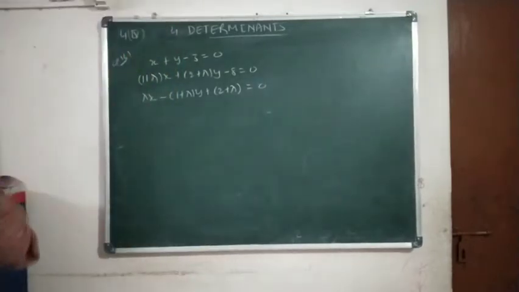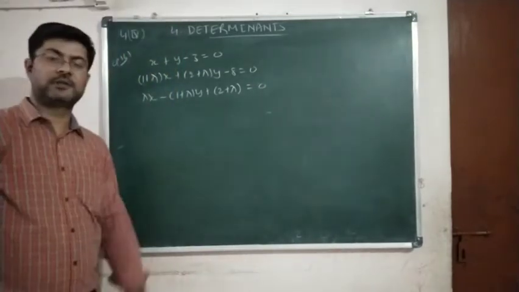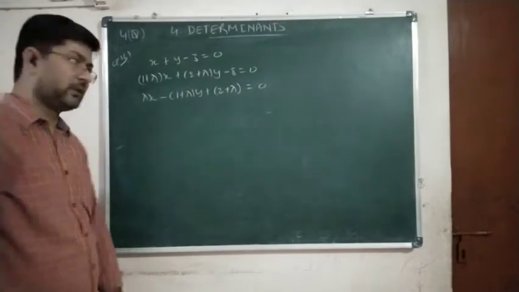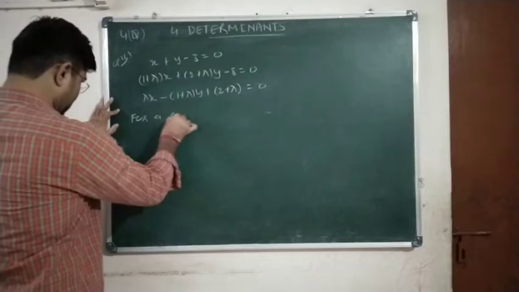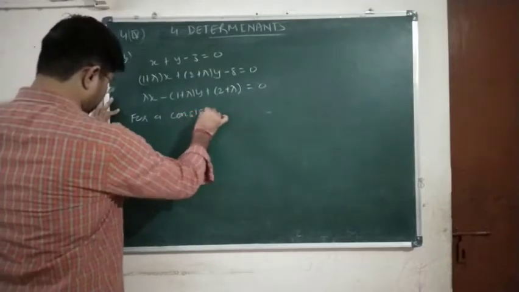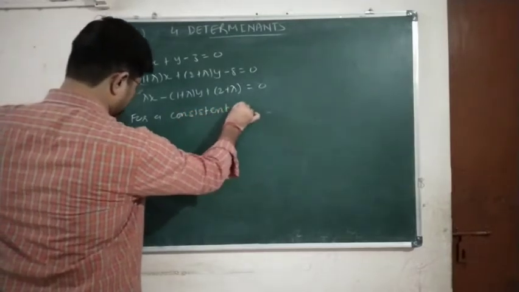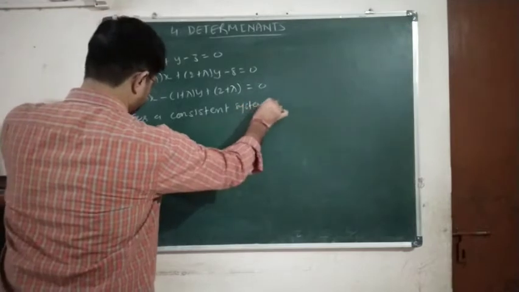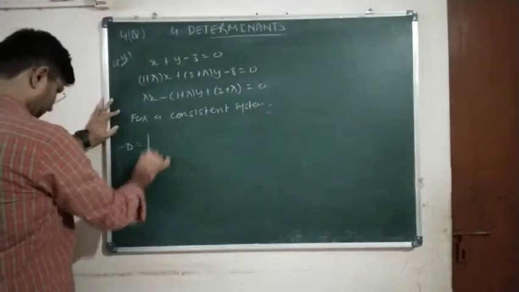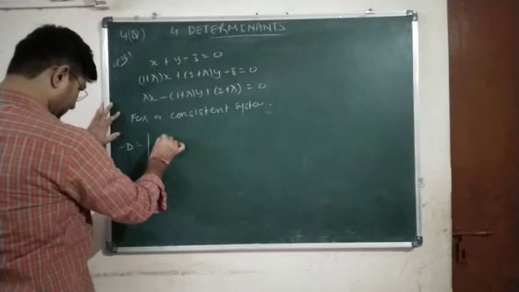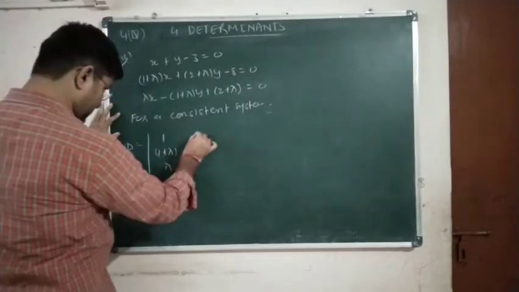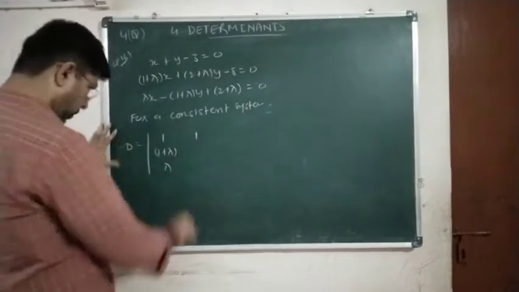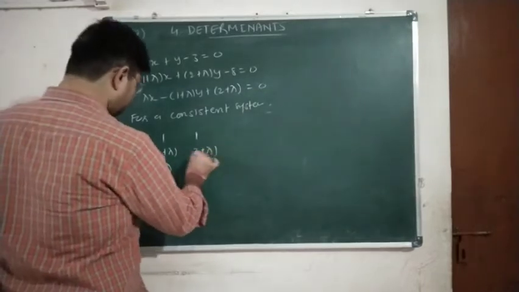Now you are given that this system of equations is consistent, it means the determinant is 0. So for a consistent system, determinant D is: 1, 1, minus 3; 1 plus lambda, 2 plus lambda, minus 8; lambda, minus 1 plus lambda, 2 plus lambda.